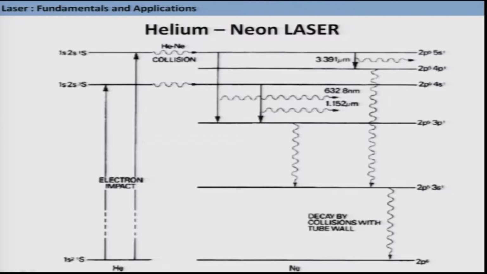First, the electron discharge provides the electron impact, which causes the excitation from the helium 1s state to the helium 2s state, and also to the helium 3s state.